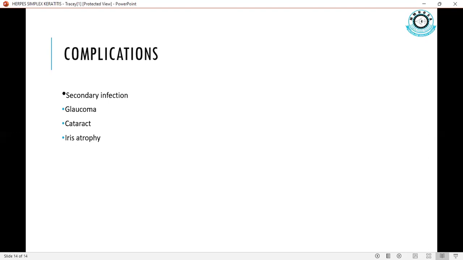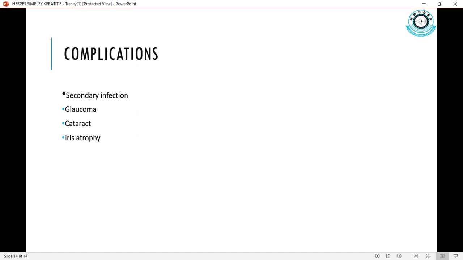Then we have cataracts. Cataract also is secondary to inflammation or prolonged steroid use. As with endothelial keratitis and stromal keratitis, you use steroids to treat.